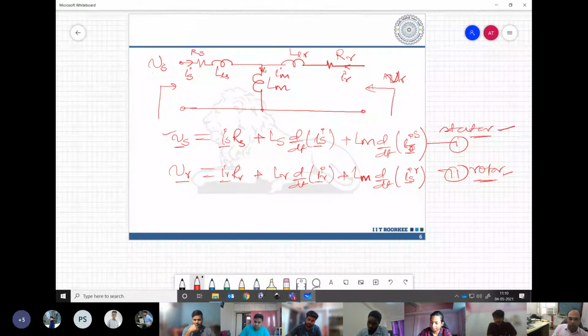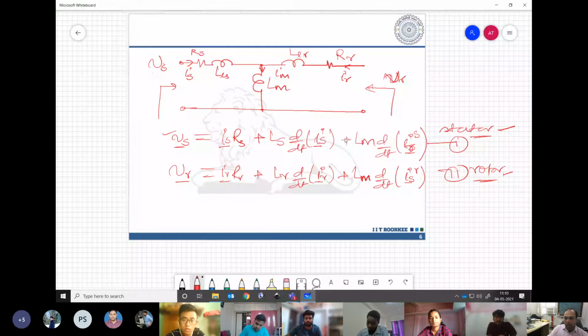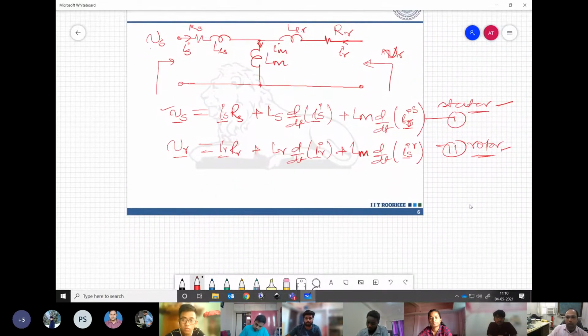Now when we are talking about induction motor, there is no separate field excitation in this. So we have to define few terms very clearly. There are two circuits which are interacting with each other. One is stator, another is rotor.